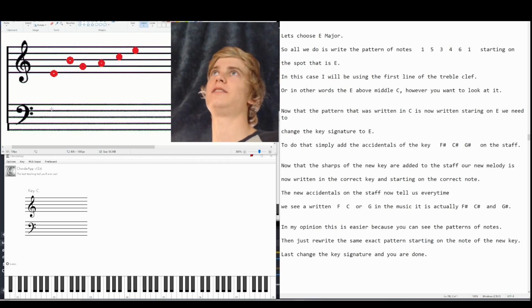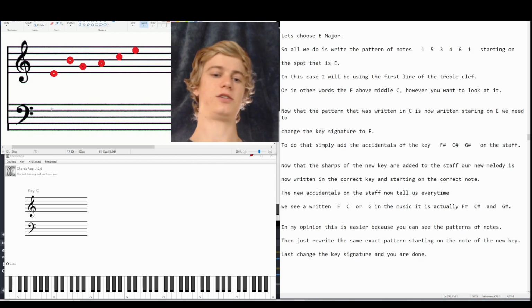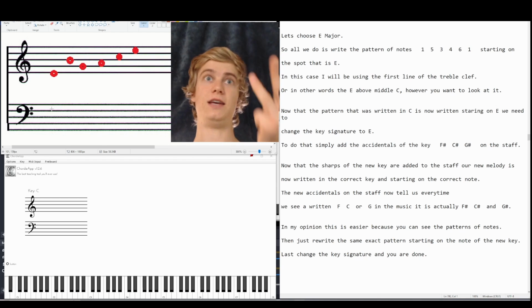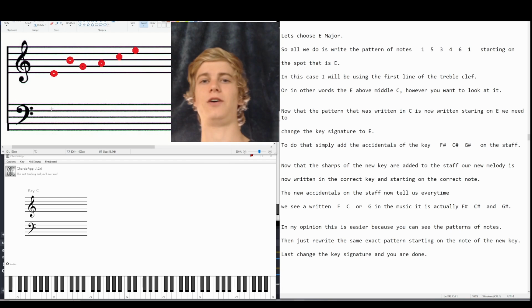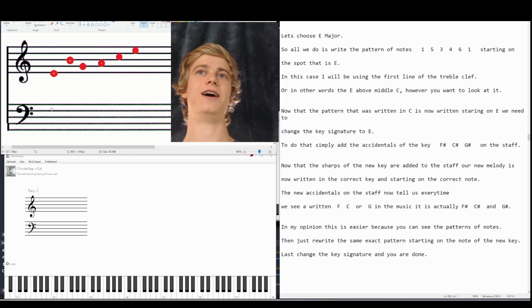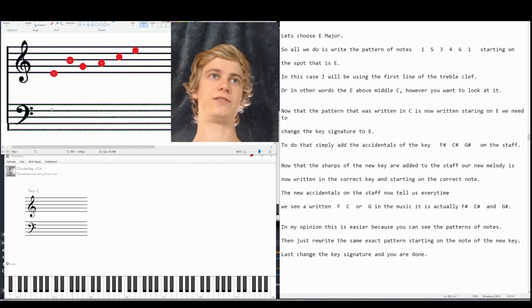So an easy way to think about that would just be think about the circle of fifths, and just to think that when you go away from your C, you have G, D, A, E. So we have 4 sharps in the key of E major, and those sharps are going to be F, C, G, and D. And if you want to understand how I did that, check out my video on the circle of fifths.